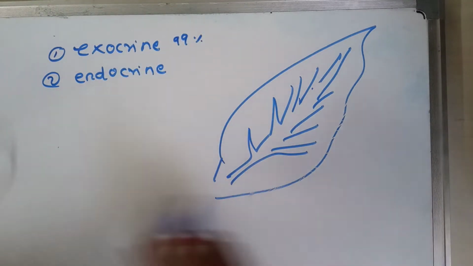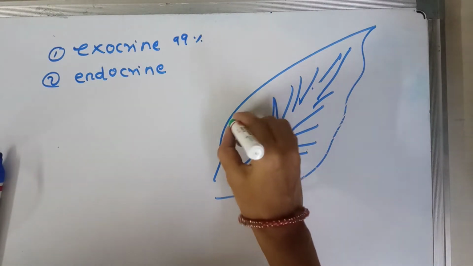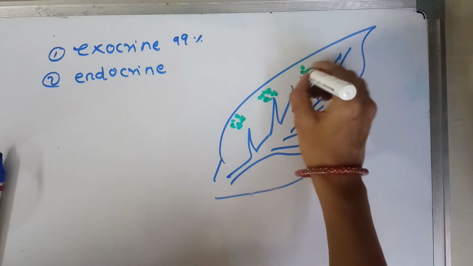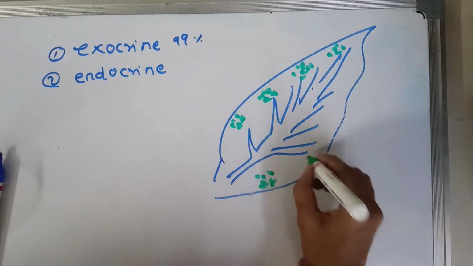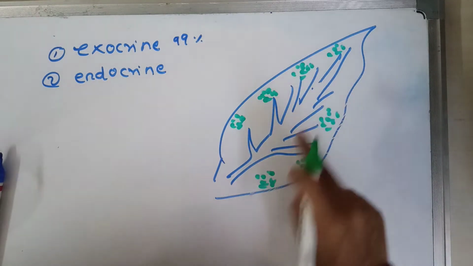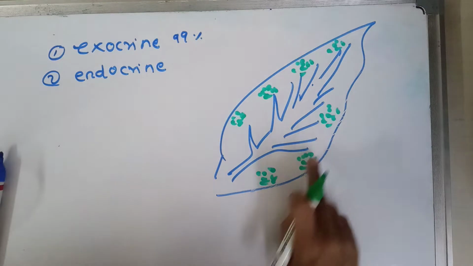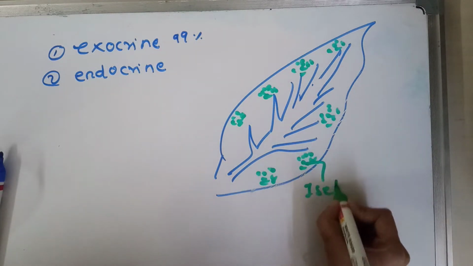Okay, and surrounding it there are clusters of cells scattered in the pancreas. These are endocrine type of cells, and these endocrine cells are called islets of Langerhans.